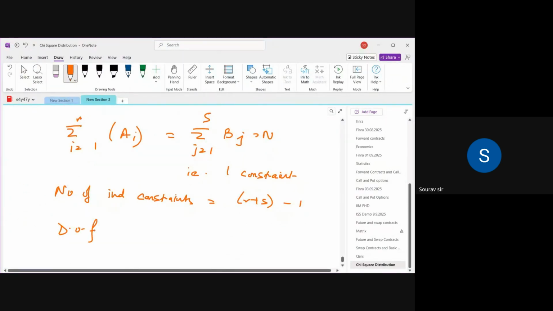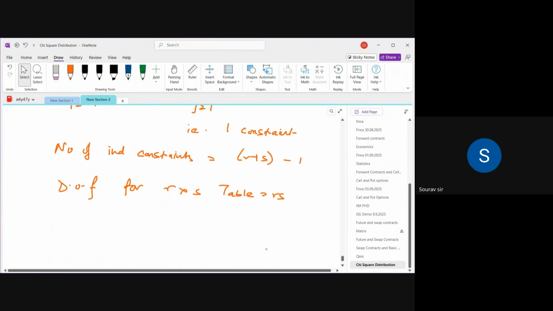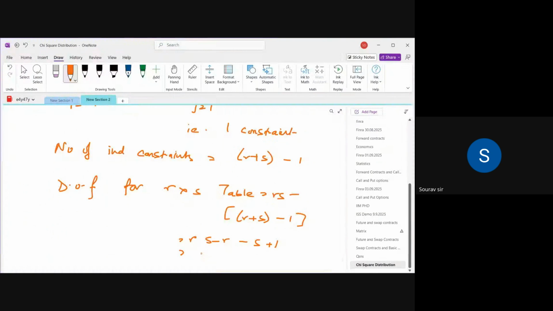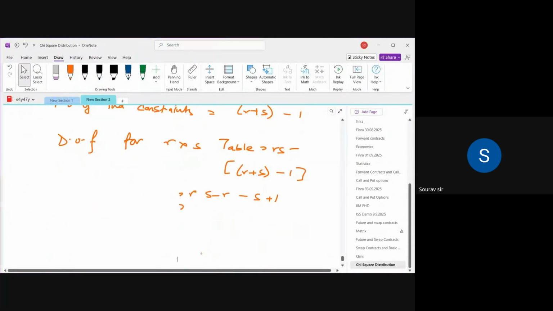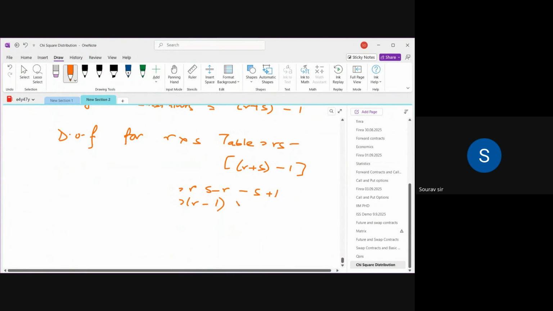And the degrees of freedom for the RS table is RS minus (R plus S minus 1). So that is RS minus R minus S plus 1, which is R minus 1 multiplied by S minus 1.